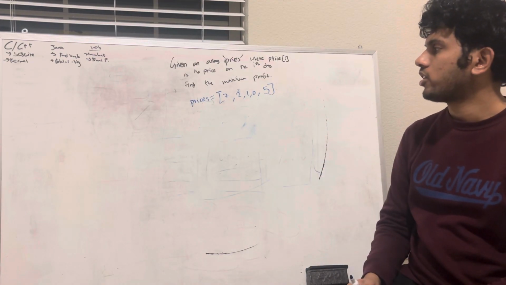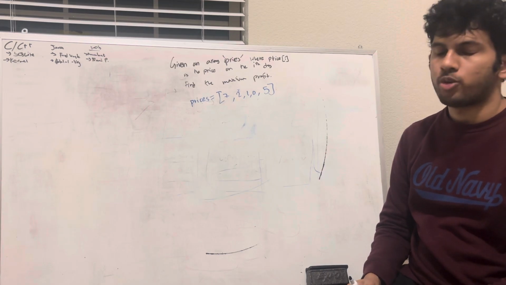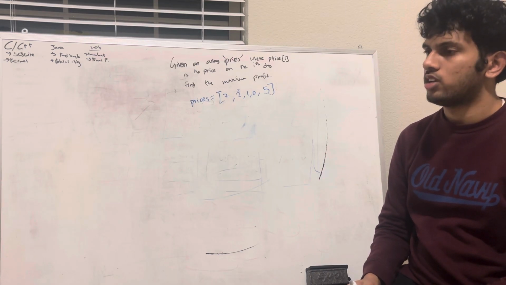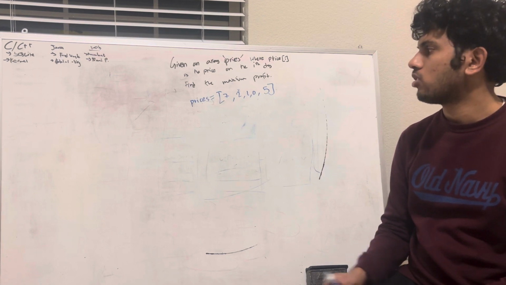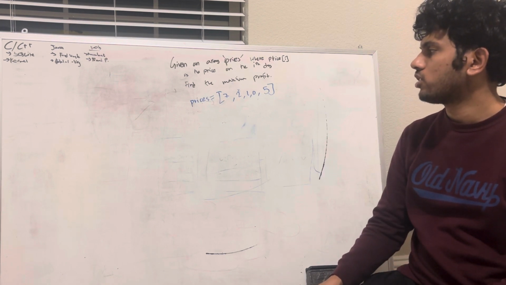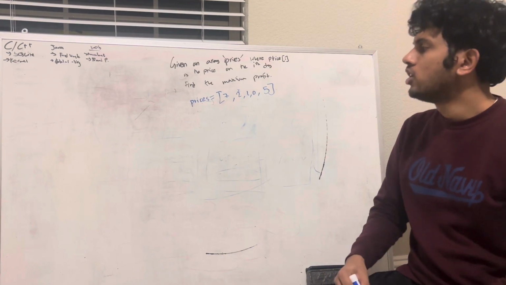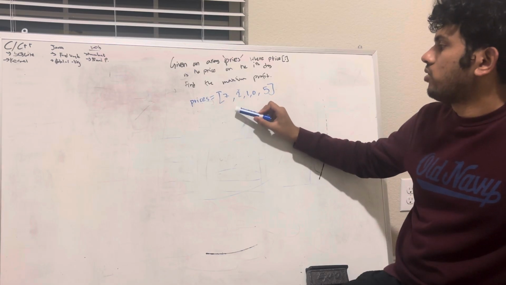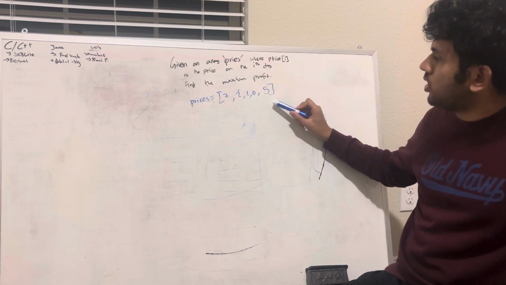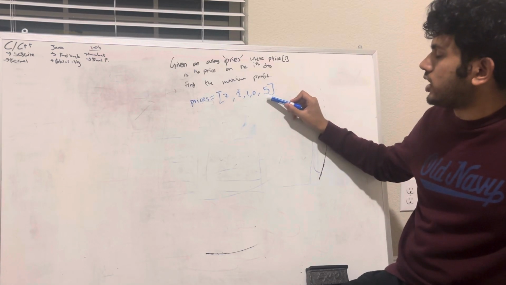So now let's try a brute force solution. It might seem simple, but it can actually be complex. For a brute force solution, let's start with day one, or day 0, and we will find the minimum price within these numbers.